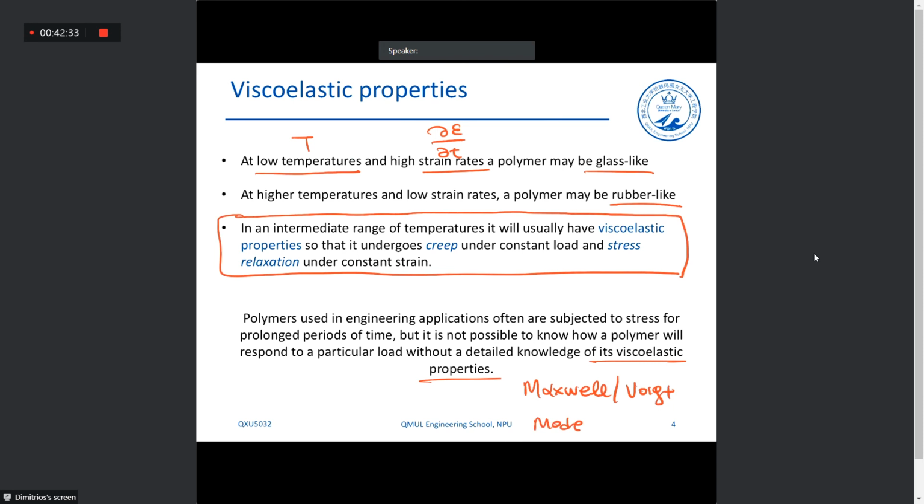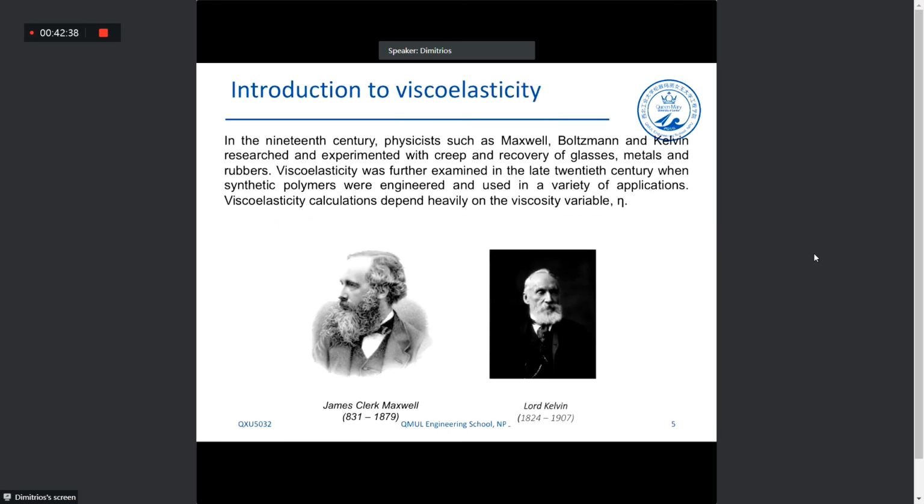Viscoelasticity is a very old topic. Here it's 1831. So these guys such as Maxwell, Boltzmann, and Kelvin. I'm not sure where Kelvin was from, Cambridge? Not sure. Anyway, these guys were studying creep and recovery for glasses, metals, and rubbers, as you would expect.